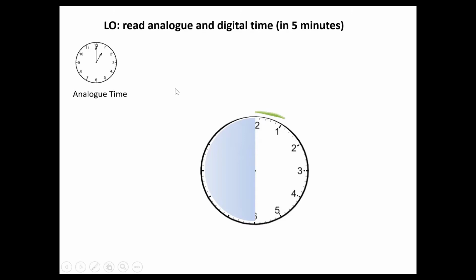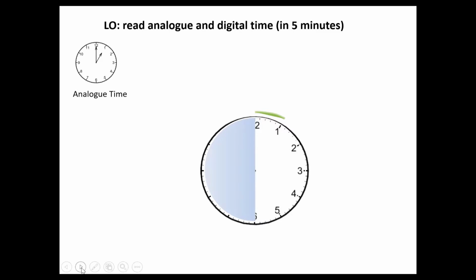Who will tell me how many minutes are passed? Yes, Anshuman, tell me how many minutes are passed. Ma'am, 5. Very good. 5 minutes are passed. So if we write down the time, we say 5 minutes past. Okay. All right. So the distance between 12 and 1 is of 5 minutes.